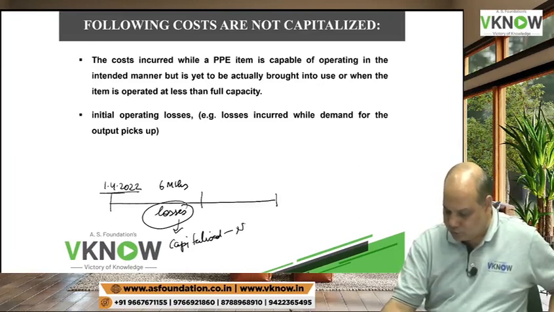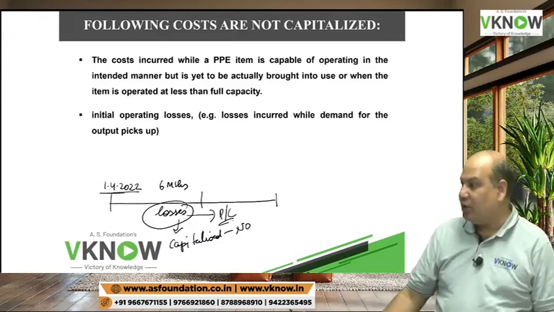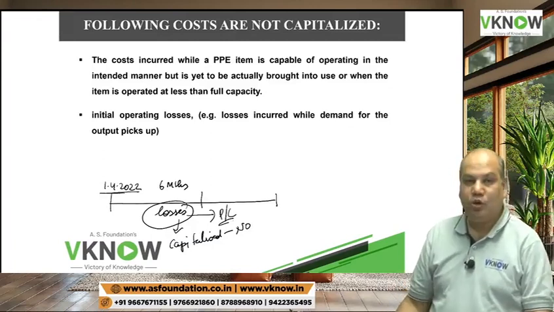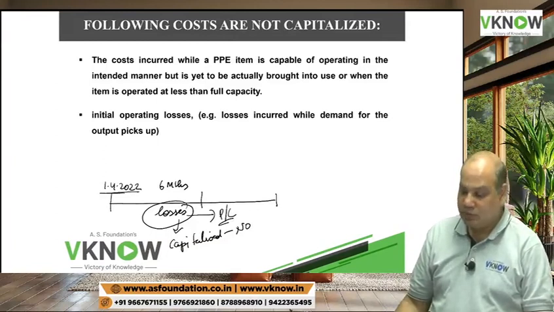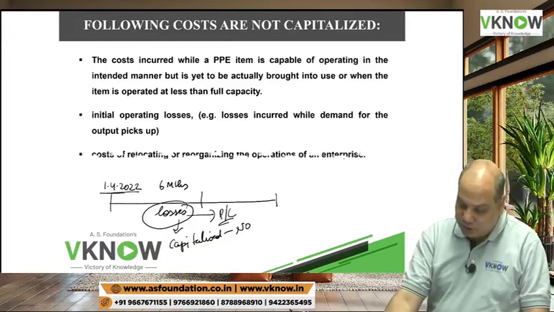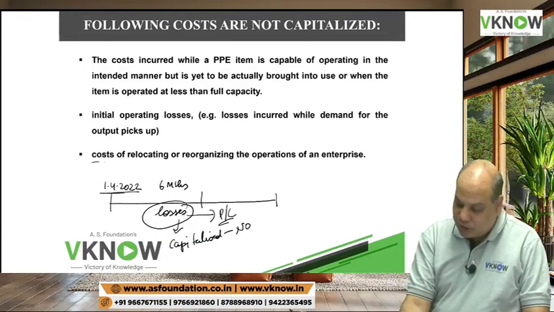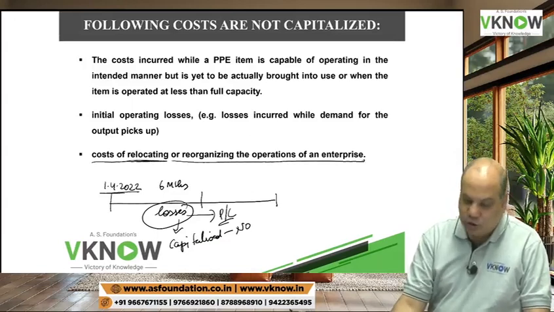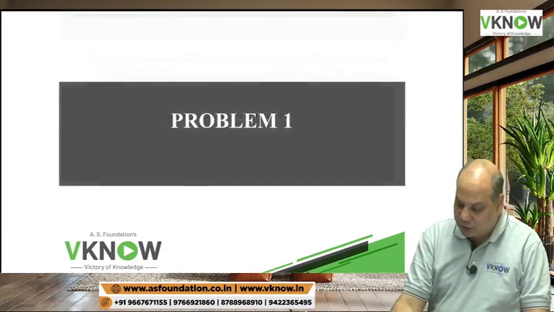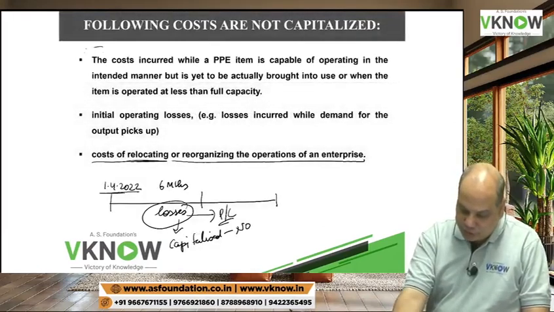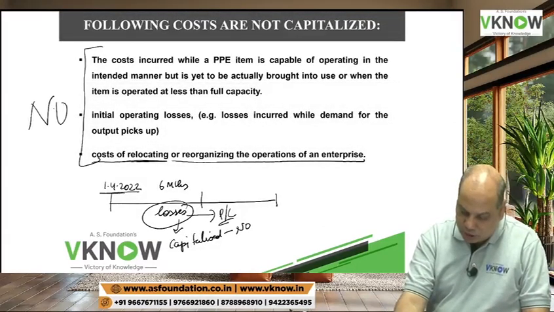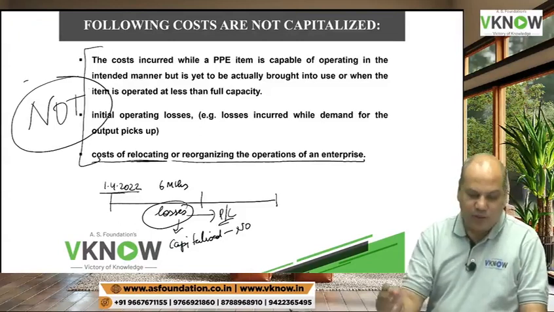The answer is no. These losses will remain in P&L account. You will not adjust it against the cost of property, plant and equipment. This I have told you, cost of relocating or reorganizing the operations of the enterprise. These costs are not to be capitalized.